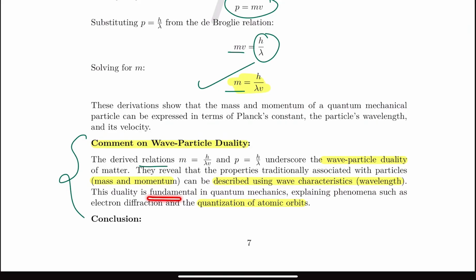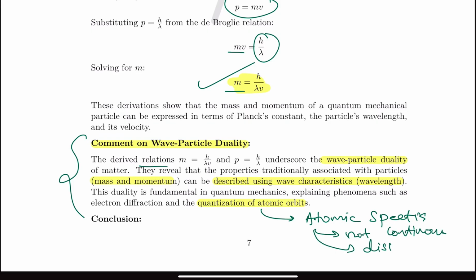So this duality is fundamental in quantum mechanics, and it explains phenomena such as electron diffraction and quantization of atomic orbits. And how do you know that atomic orbits are quantized? Because we observe atomic spectra, which is not continuous but discrete.